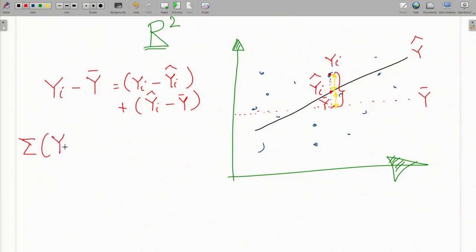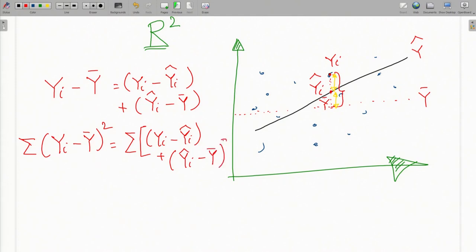I will do the same here: the sum of yi minus yi hat plus yi hat minus y bar, the whole square.